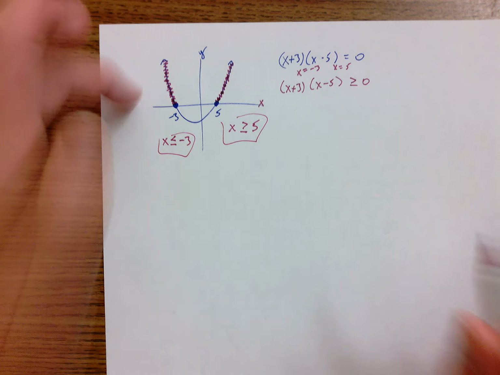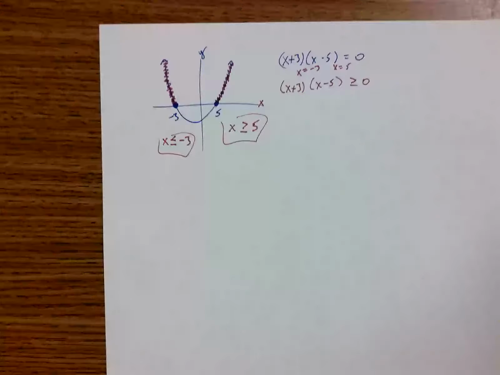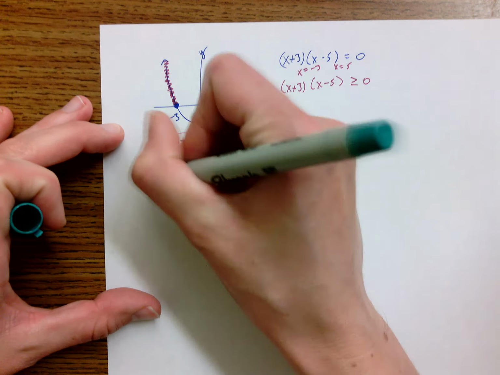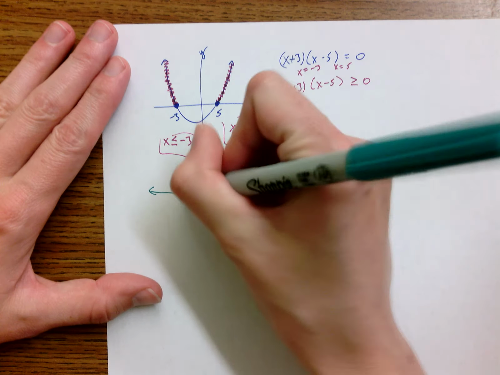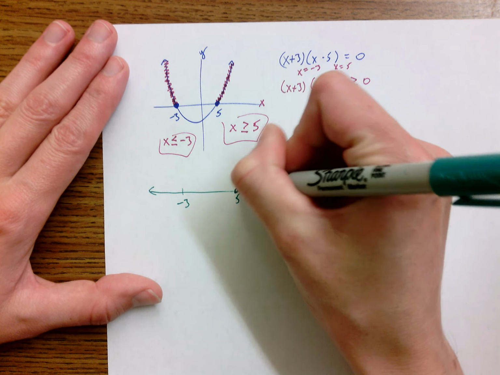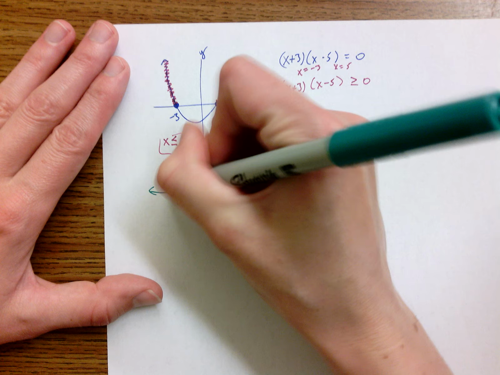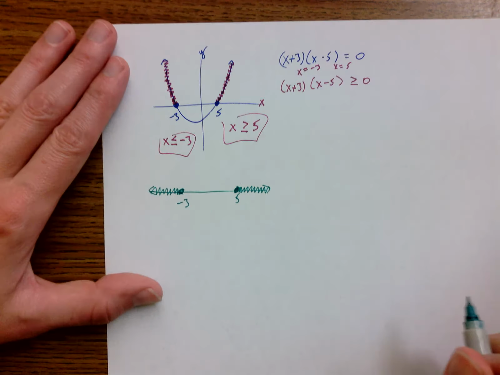That is how this would be represented if we were looking at a 2-dimensional graph. If I wanted to put this on a 1-dimensional graph, just like a standard number line, what would it look like? Now that we know what our values are, I would say, here's -3, here's 5. Those are part of my solutions, so I'm going to put a point there. And it's all of the x values less than -3 and all of the x values greater than 5.